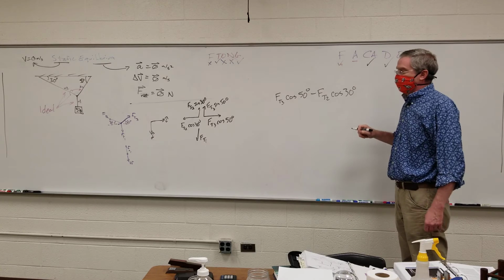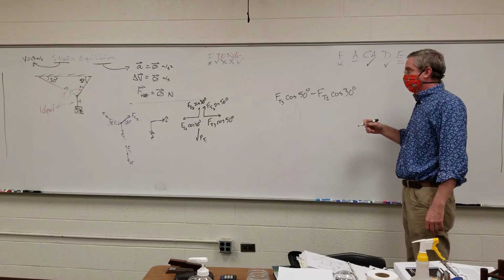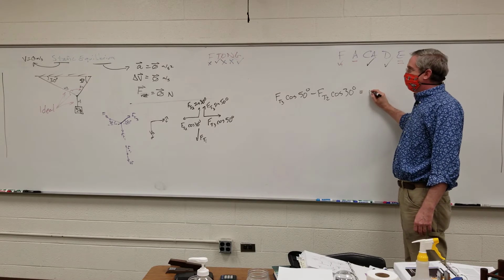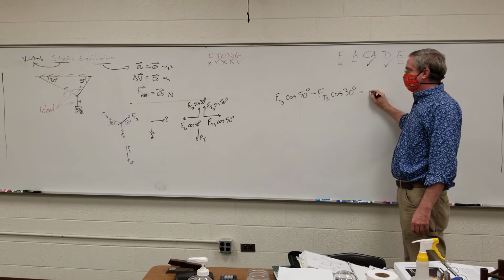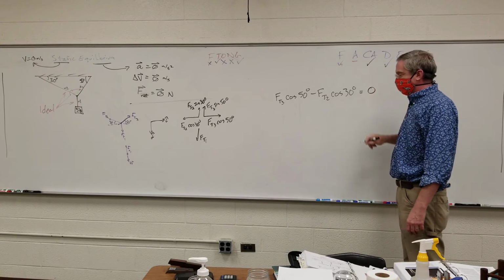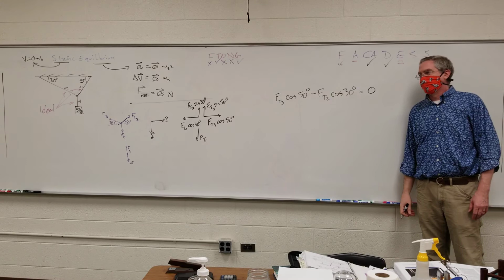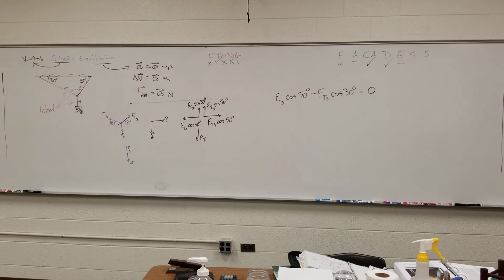For some reason the word cosine got blocked from my head, and so it became FT3 sine 50. Equals mass times acceleration, but the acceleration is equal to 0 in the i hat direction, so it's equal to 0.